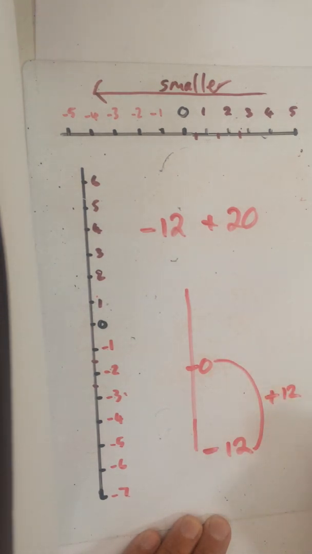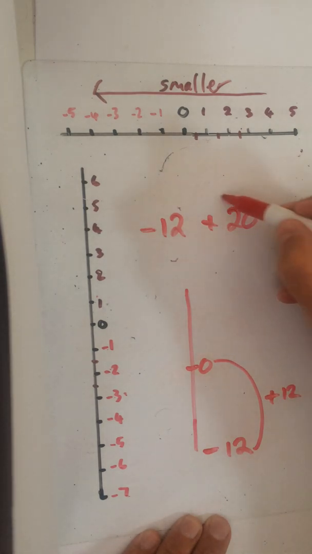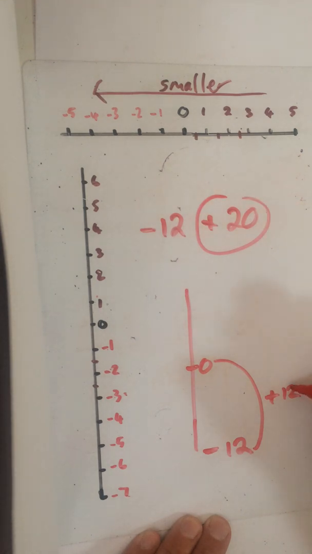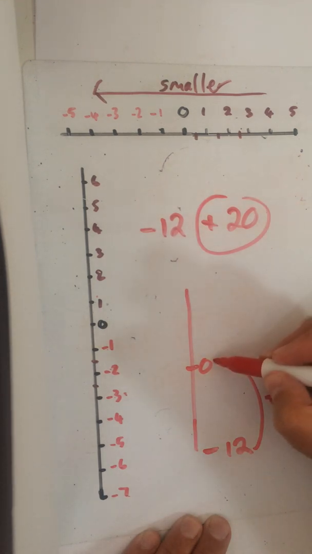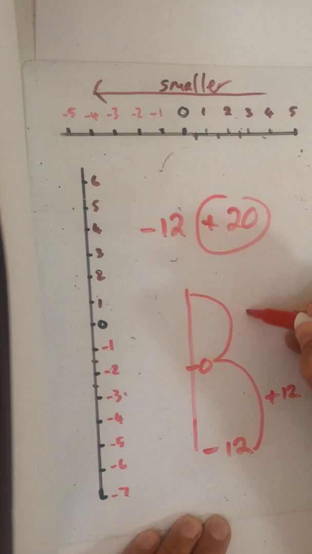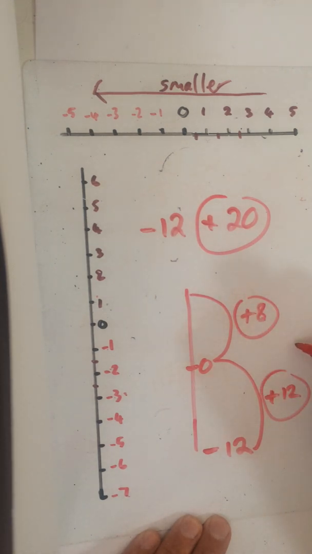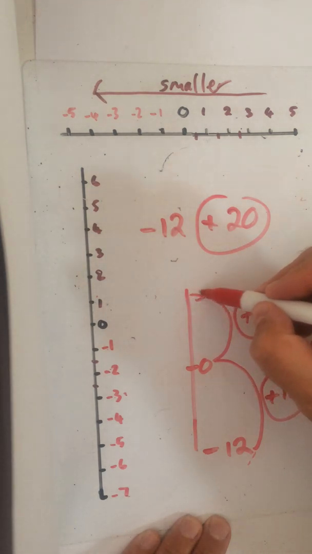I've already added 12. Now, how much more do I need to add? In total I need to add 20. So I've added 12, so I need to add another 8, because this must be adding to 20. So I've jumped one jump to 0, and then I've added another 8, and that gives me 8.